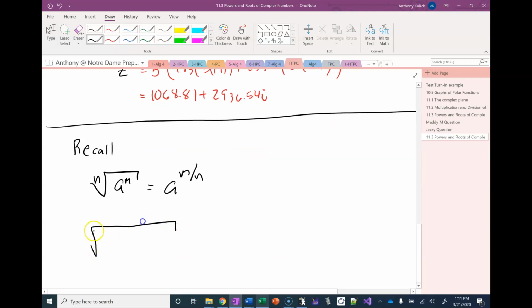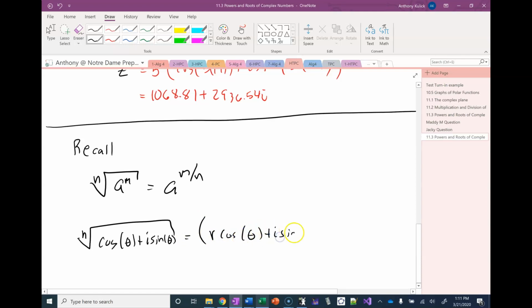So if we have the nth root of some complex number written in trigonometric form, that's just going to be converting that into a fractional exponent.